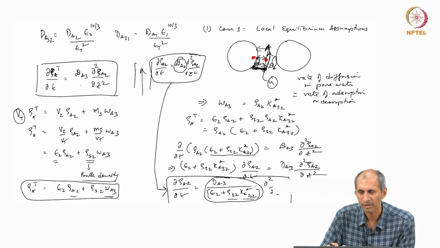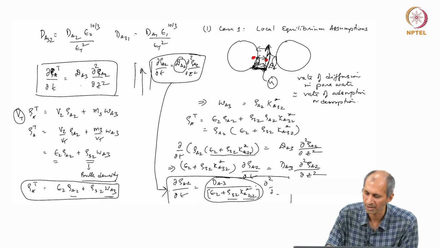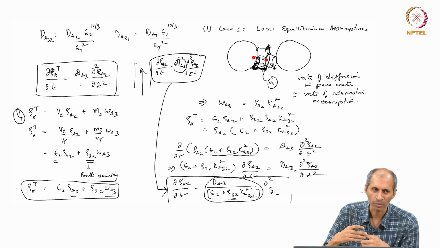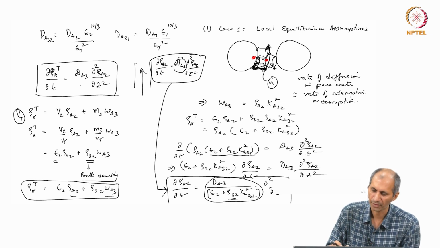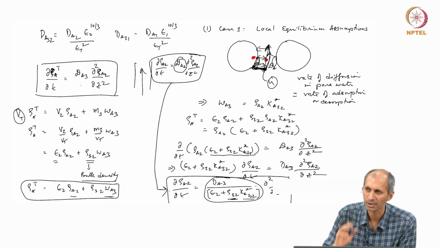If you have a very highly adsorbing solid, but only a very small amount is there, which means bulk density is small, then the total magnitude of adsorption removal is small. But if you have a very highly adsorbing solid and a lot of it, this denominator becomes very big, which means the rate of diffusion is now slowed down.